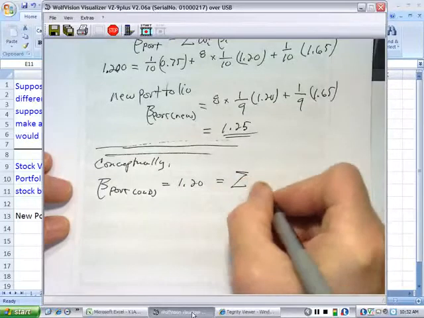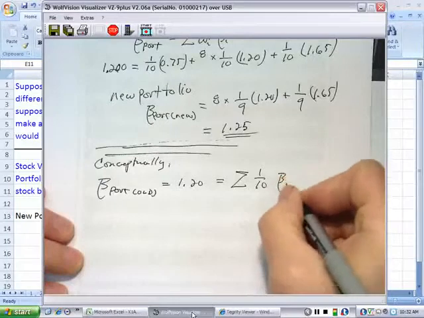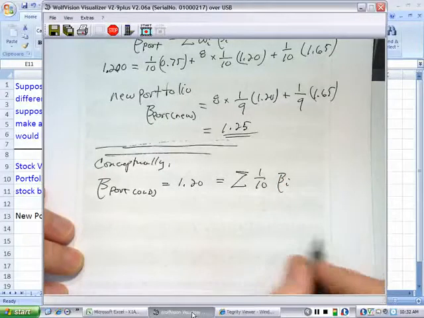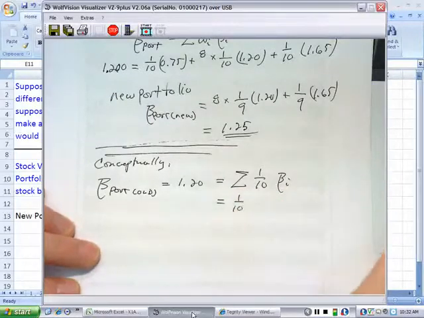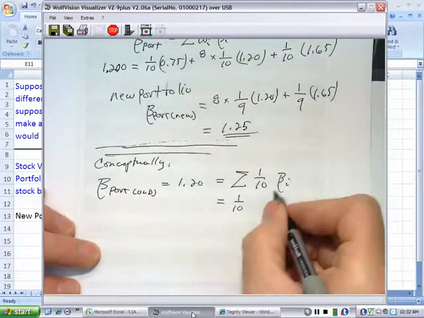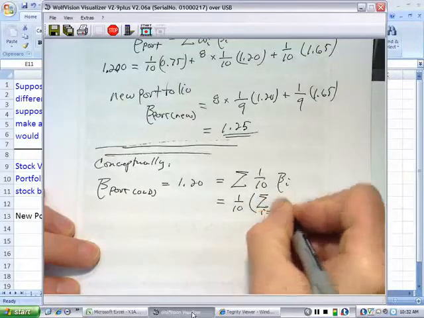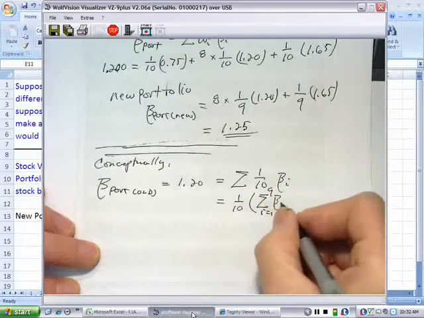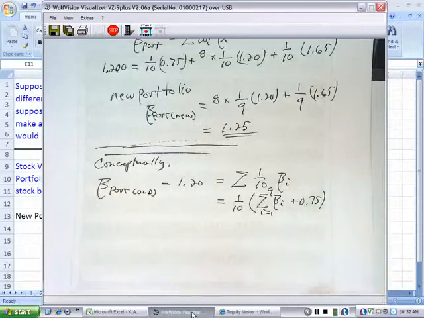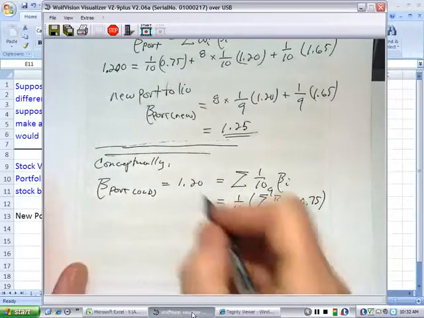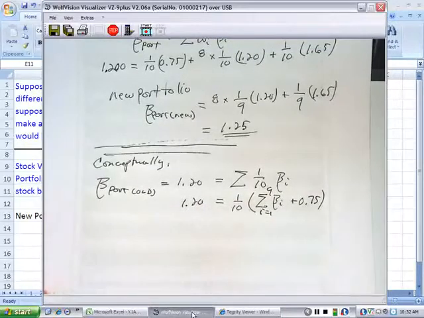That's equal to the sum, and these are all 1/10 weights, of the beta i, whatever they would be. In particular, it'll be equal to 1/10, we can pull that outside since it's an equal weight, times the sum of i equal 1 through 9, the first 9 of these that we don't know what they are, plus the 10th that we do know what it is. So that's true of 1.20 equals this, for whatever these 9 might be.